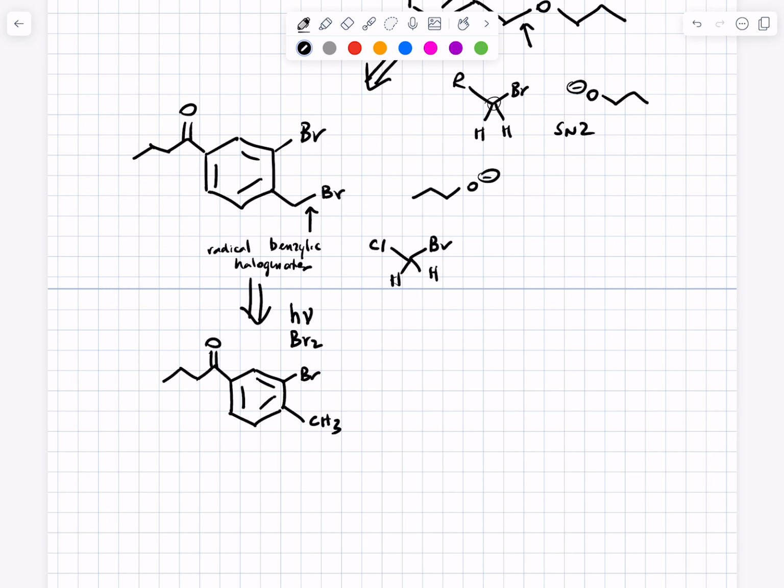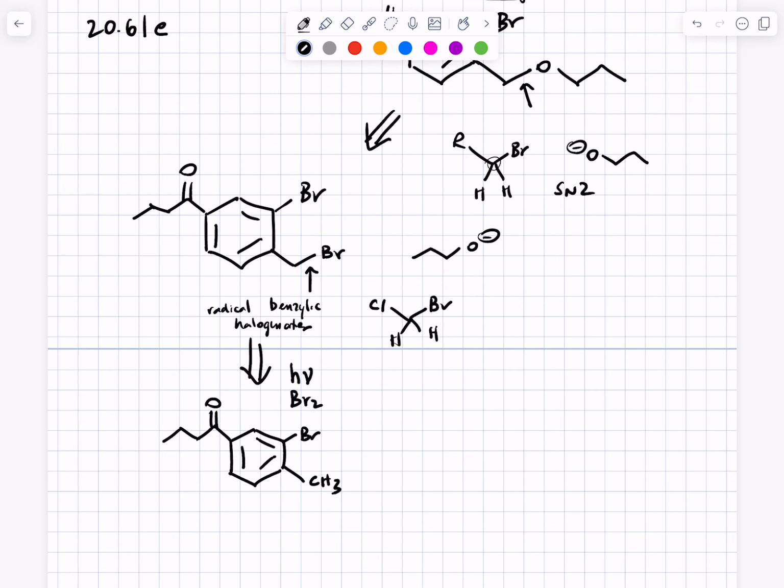So now as I get there, I've taken two retrosynthetic steps backwards. Now I have something where I know how to make this one, I know how to make that one. Now how do I do that one? That's Friedel-Crafts alkylation, right? So now we're getting somewhere. Now we're down to the level of elementary electrophilic aromatic substitution reactions.